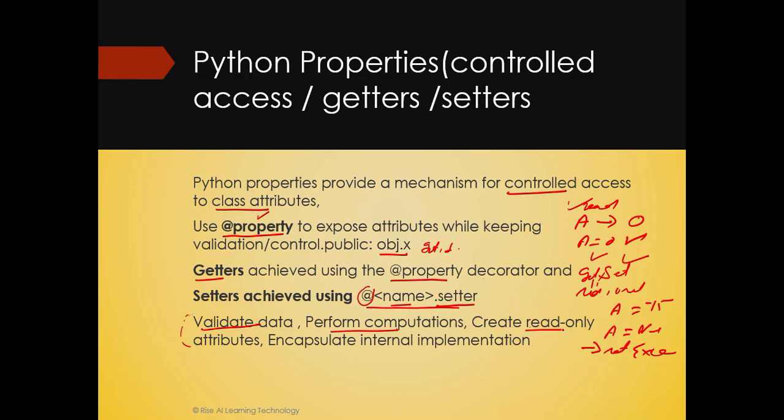If I only want to create a read-only attribute, where no one should be able to set any value, then I will create a getter with the @property decorator. If I want to validate the data being set, we can use the setter. Basically we are trying to encapsulate the internal implementation using @property or @name.setter. This is the way we control the access for getter and setter in Python.